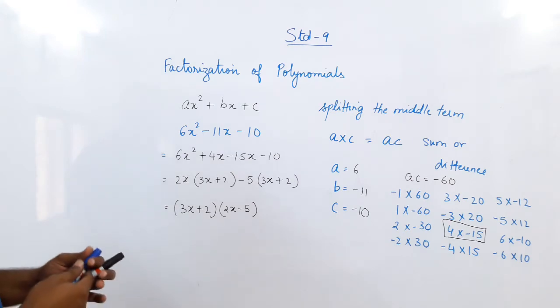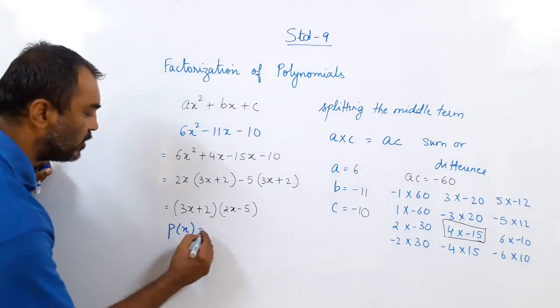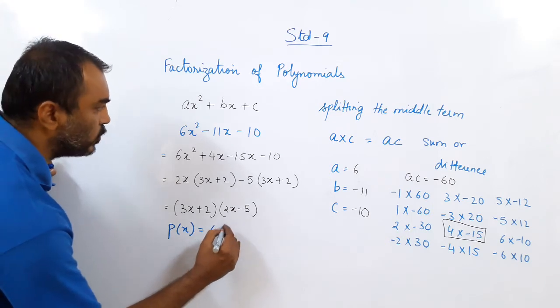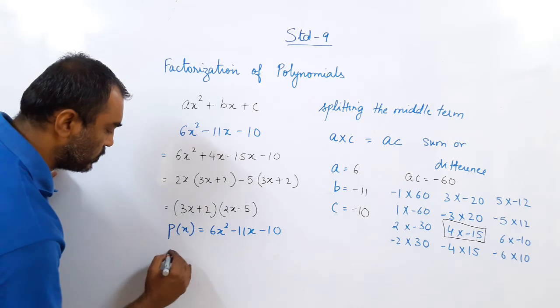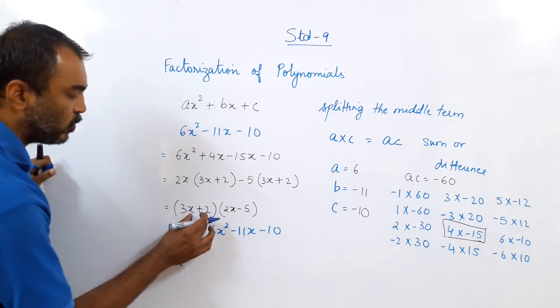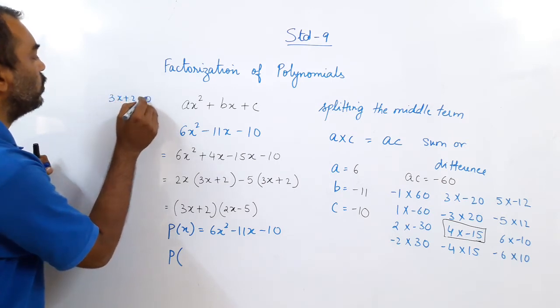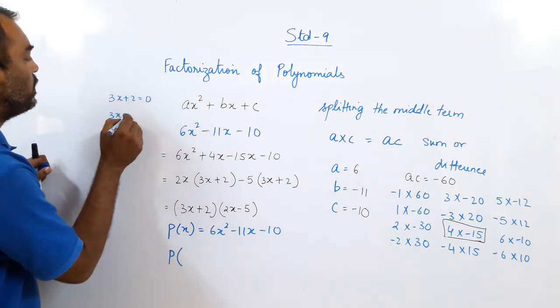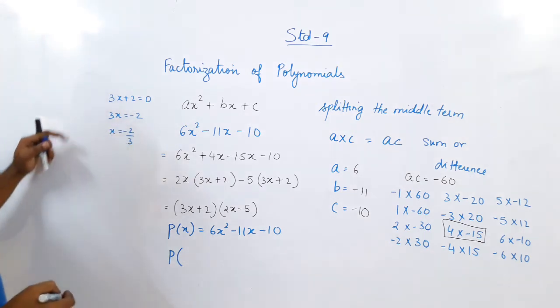Now let us take the verification like I told you. P of x equal to 6x square minus 11x minus 10. So what is the factor I'll put here? For 3x plus 2, let us say if 3x plus 2 was 0, then 3x would be minus 2, x would be minus 2 upon 3.